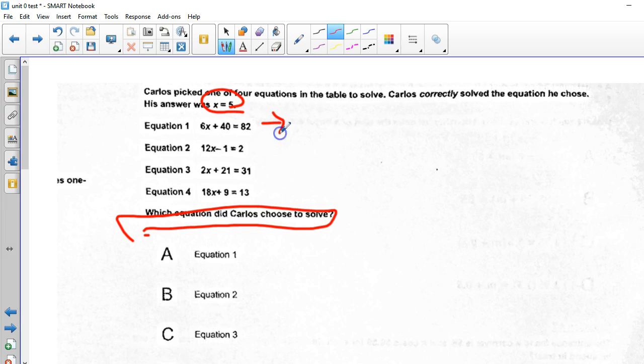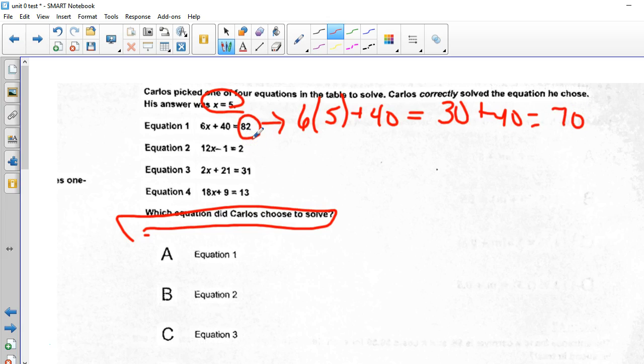That seems quicker. 6 times 5 plus 40 is equal to 30 plus 40, which is equal to 70. Does that match what it said it was equal to? No. So it's not equation 1.